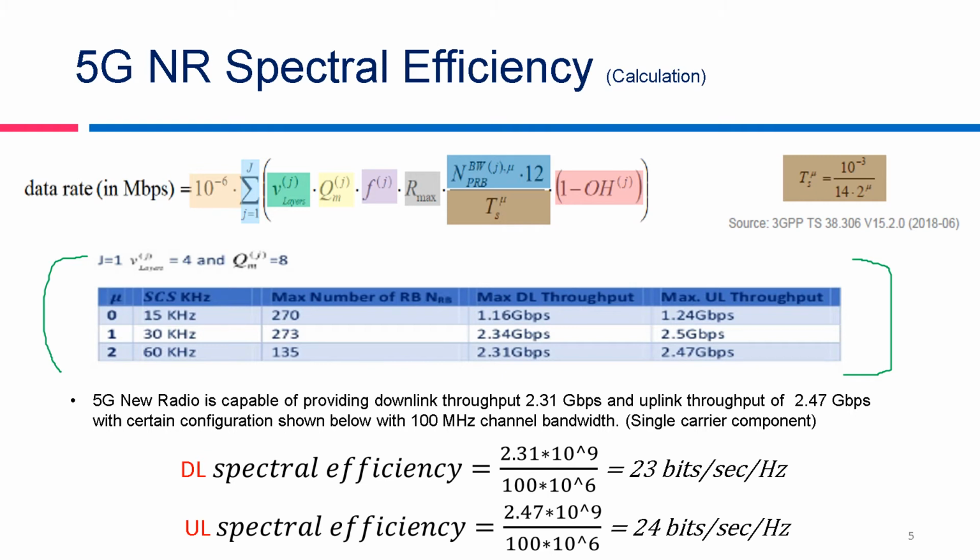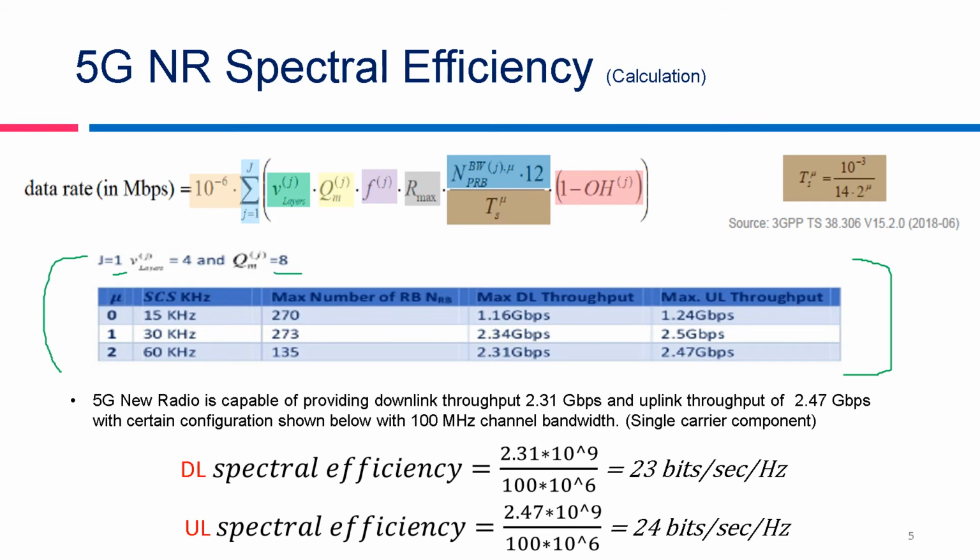And here I have taken maximum 4 layers transmission using a single carrier. I'm not considering any kind of carrier aggregation in new radio. And the modulation order, which is Qm, considered here is 8, which relates to 256 QAM.